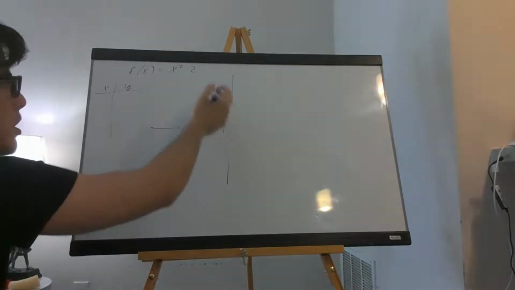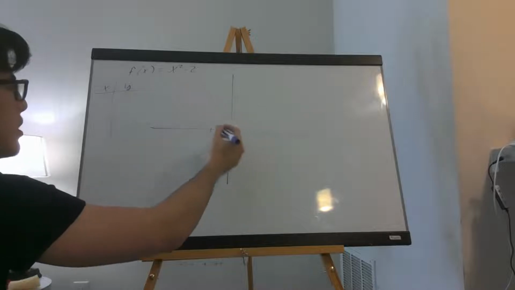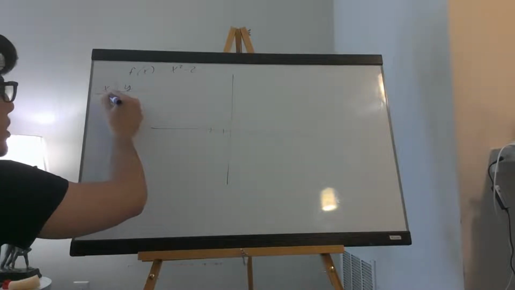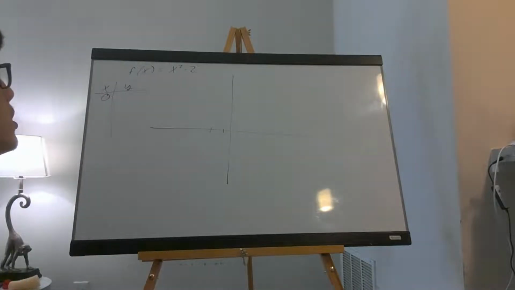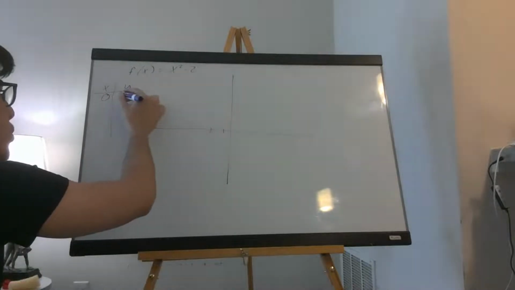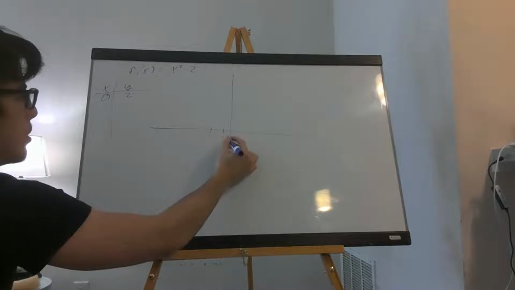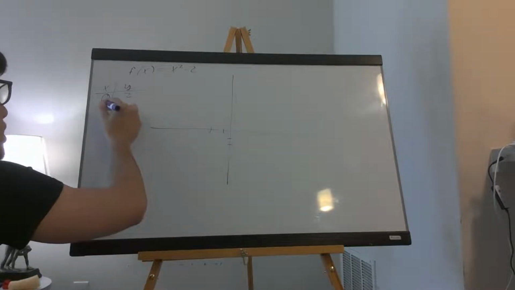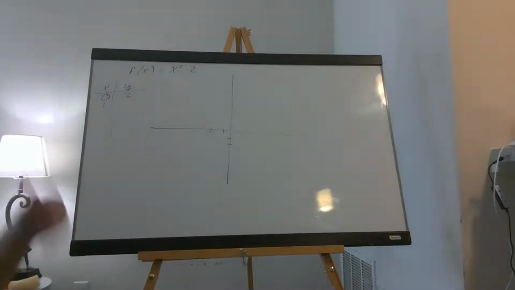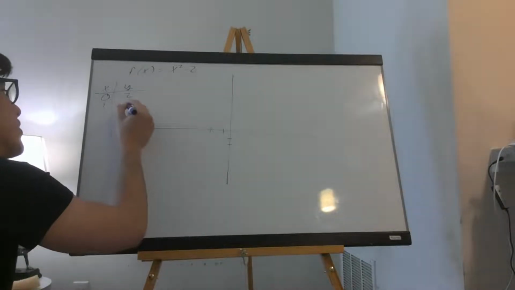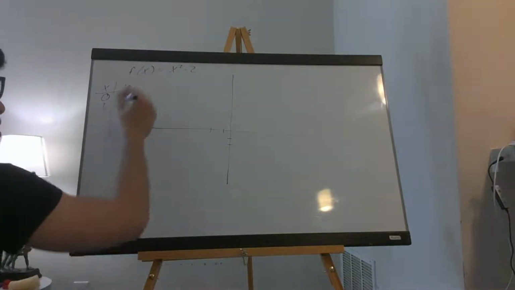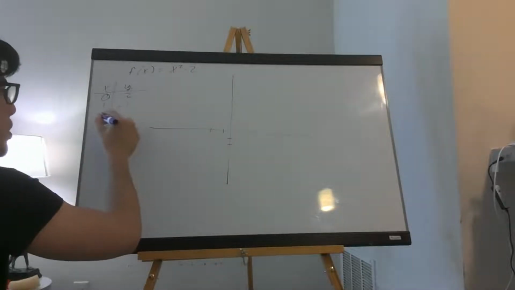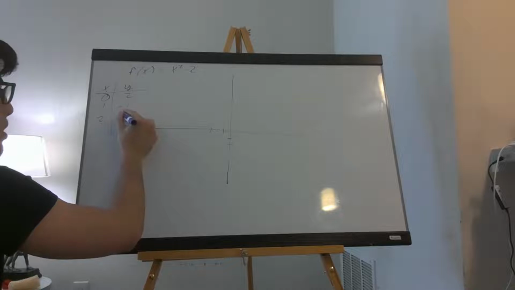So x squared minus 2, I'll plug in a few points, right? 0, so 0 minus 2, the y value is going to be negative 2, right? So then if we plug in 1, 1 squared is just 1, that's going to give us negative 1. If we plug in 2, then we're going to get 4 minus 2, which will just give us 2.